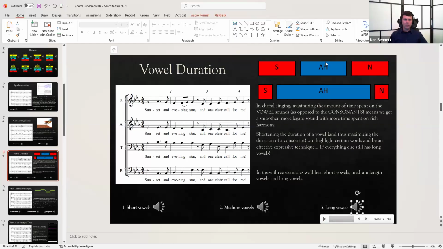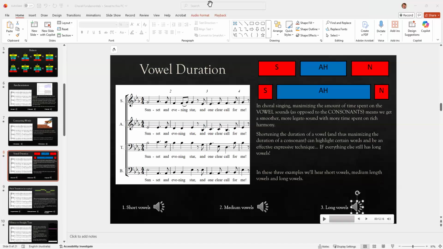So talk to me about what's the effect psychologically of hearing that one that had really short vowels. Yeah, the short vowels almost sound disjointed, whereas obviously with the long vowels, it all fills in to a comfortable hearing experience.